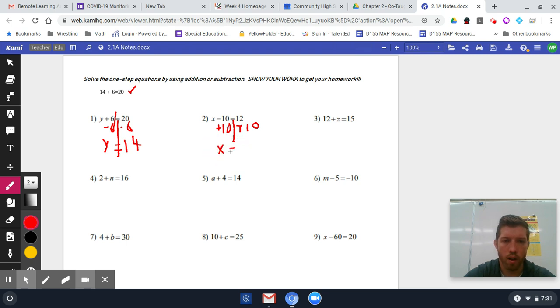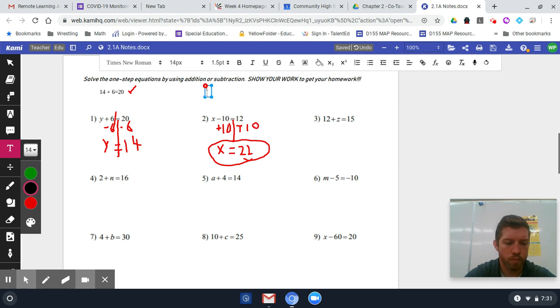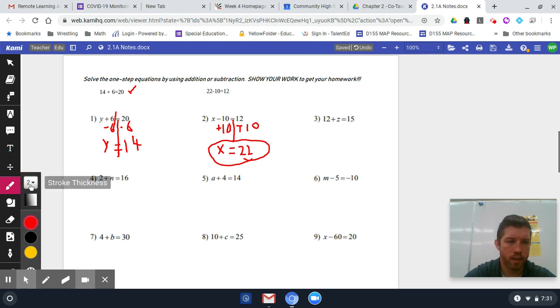And then what is 12 plus 10? Well, 12 plus 10 is 22. Our variable is isolated. It's by itself. Our number is isolated. It's by itself. We are done right here. All we need to do is check our work. Is 22 minus 10 equal to 12? And again, that is a check.